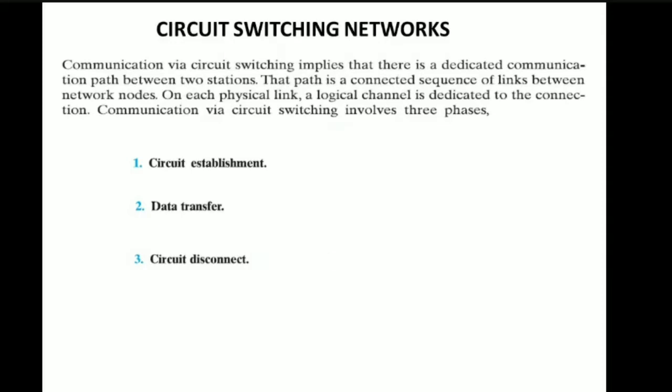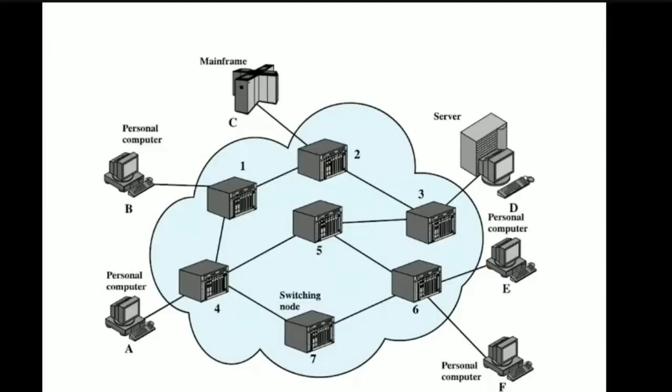Let us now discuss these three phases of establishing the connection, data transfer, and connection release. The first thing is circuit establishment. Before transmitting any of the signals or any of the data, first an end-to-end circuit, or a station-to-station circuit, must be established.